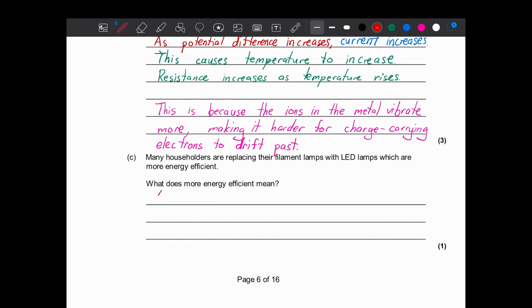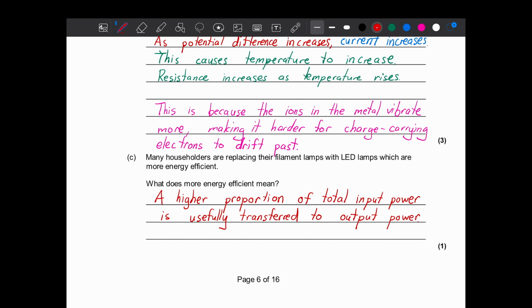More energy efficient means that a higher proportion of total input power is usefully transferred to output power. And let's break down this answer.